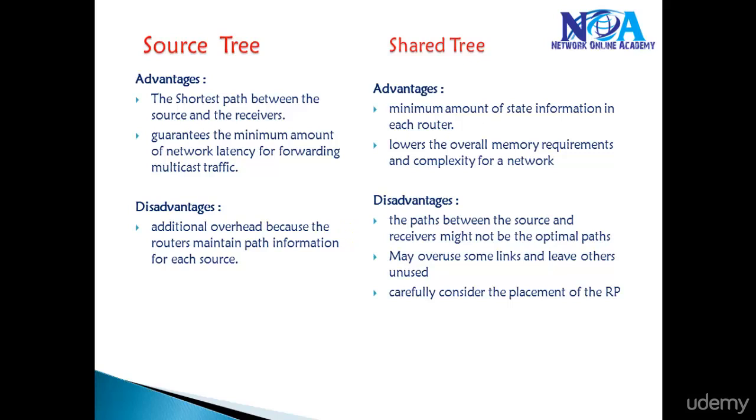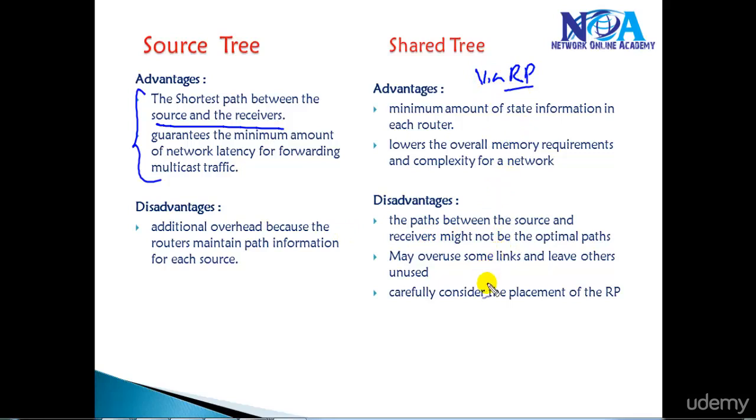If you compare these two trees, the advantage of the source tree is that it uses the shortest path from source to receiver, whereas the shared tree goes via the RP. So we need to carefully consider the RP, because the path between the source and the receiver may not be the best path if you do not place the RP properly.